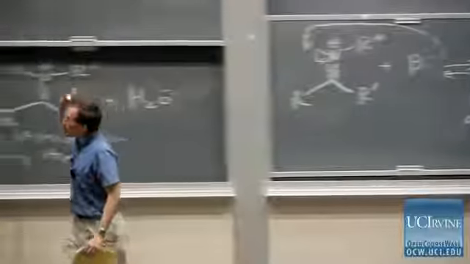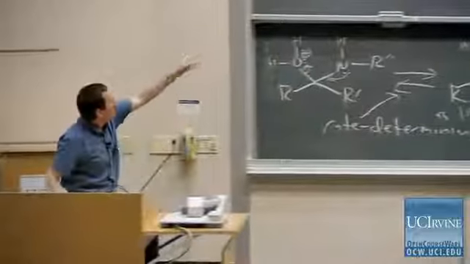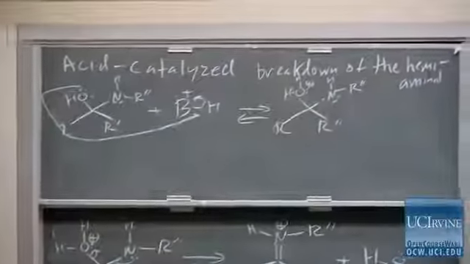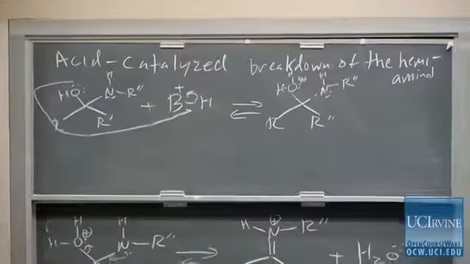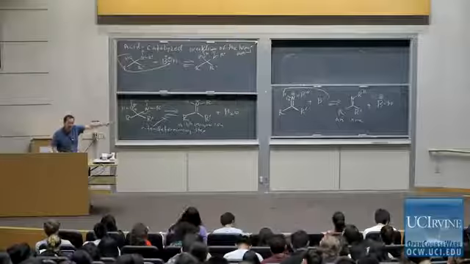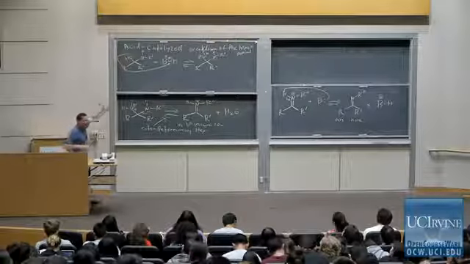And you notice in these three steps I've written here, the first step where the base is protonating the oxygen, the second step where our protonated intermediate is breaking down, and the third step where we're getting our base back, you see how the acid is acting as a catalyst.